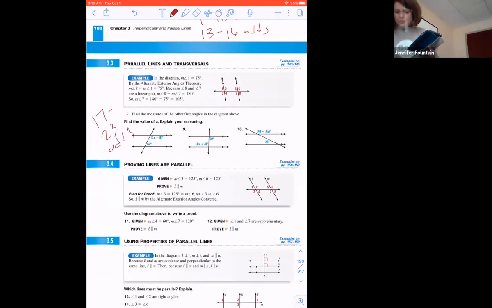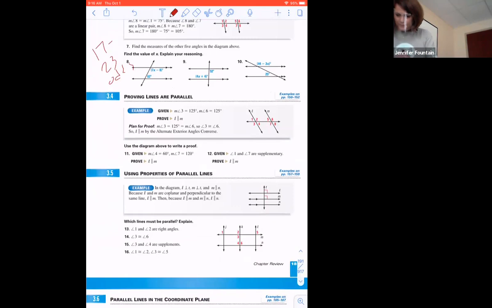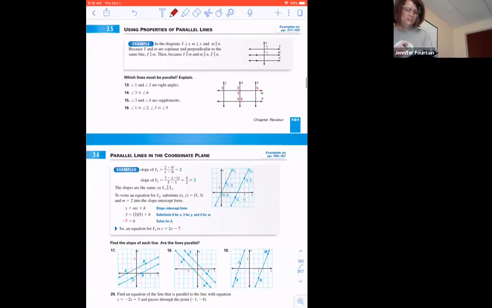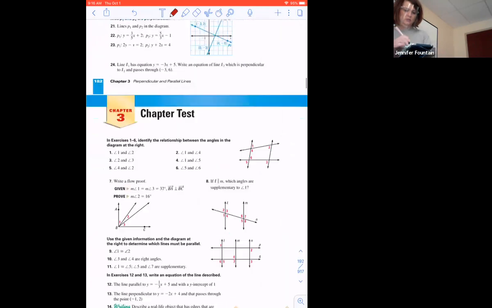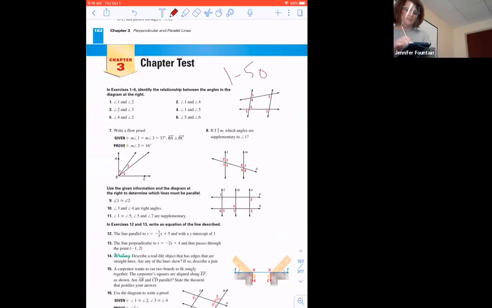And then I want you to look at the chapter 3 test, page 183. Number 7 is a proof, so we're not going to do that. Let's do 1 through 5 odds.